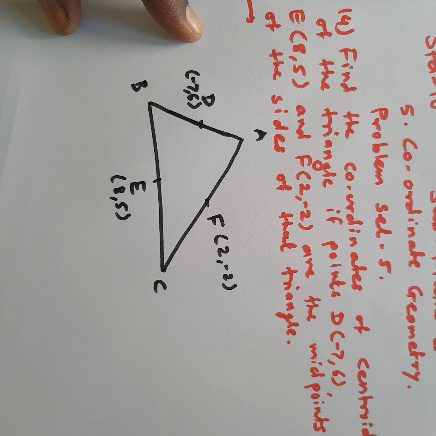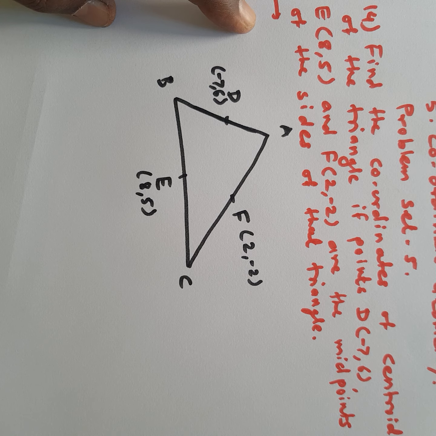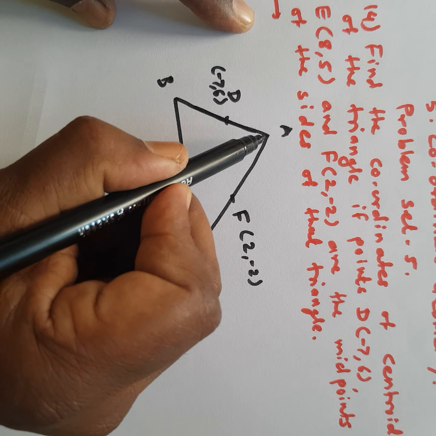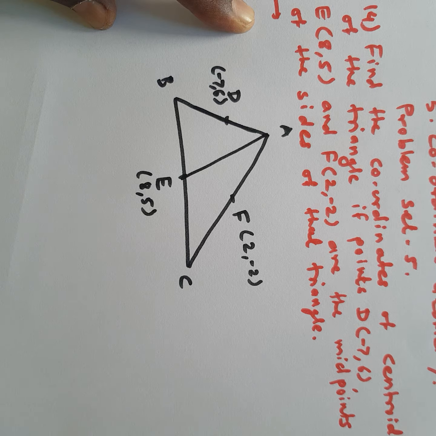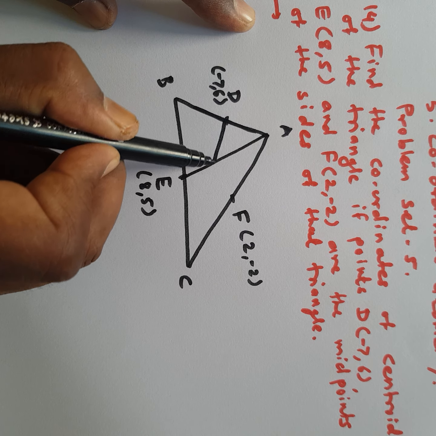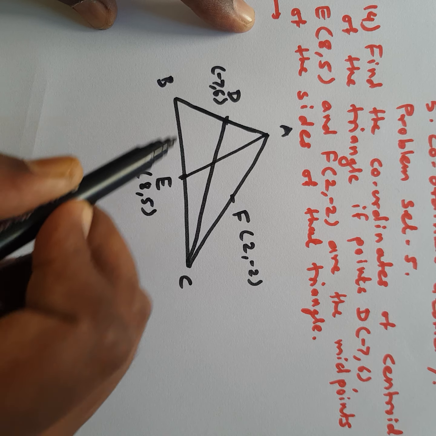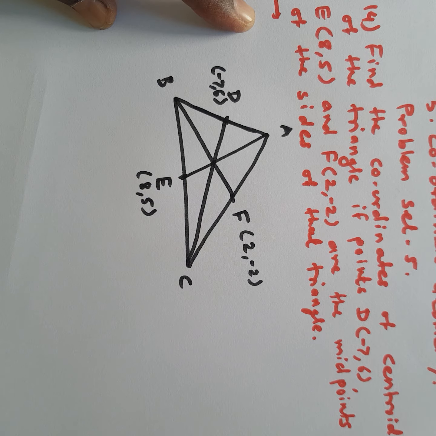Centroid is the point where the segments joining the vertices of the triangle with the midpoints of the opposite sides meet. See here, suppose AE is one of the medians, CD is the second and BF is the third median.